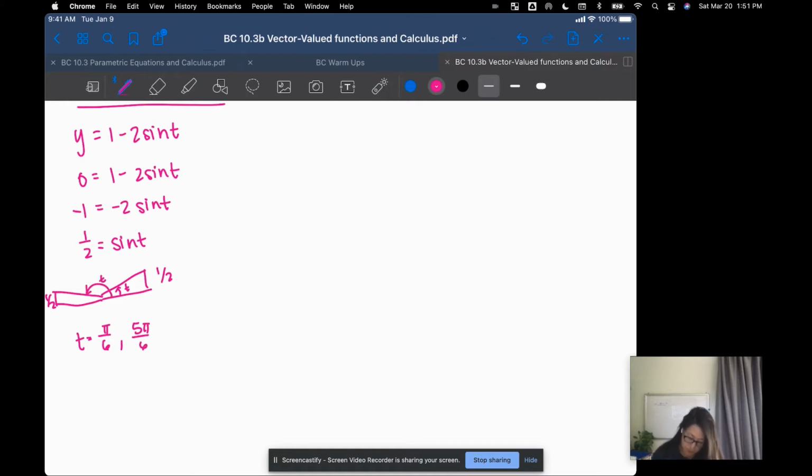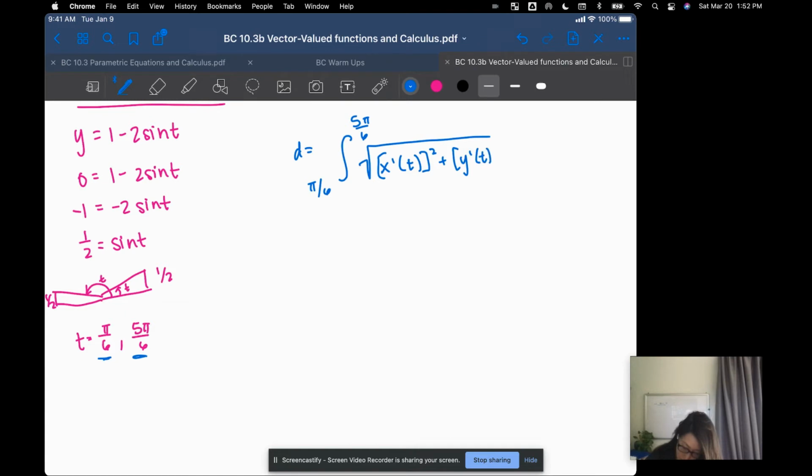Okay, so we're going to find the distance. We need to find the distance between the two x-intercepts, so between pi over 6 to 5 pi over 6 of the square root of the first derivative of x squared plus the first derivative of y squared, and then we add those up and take the square root.